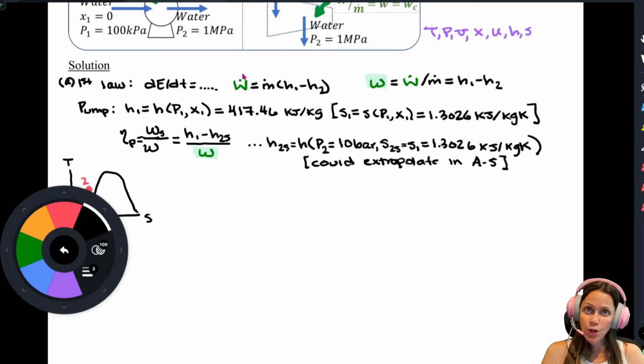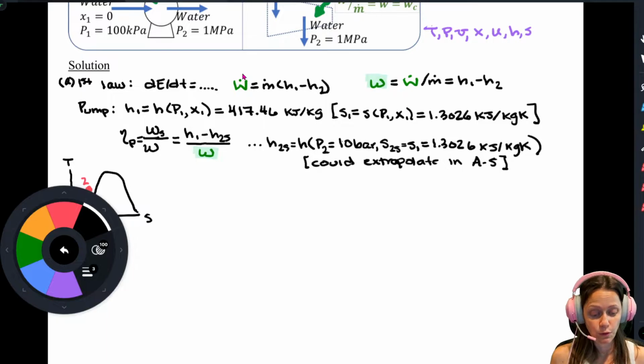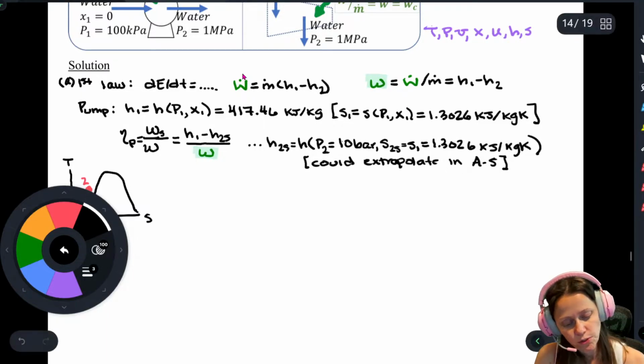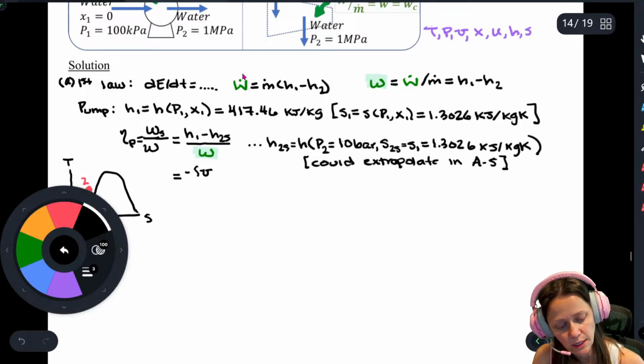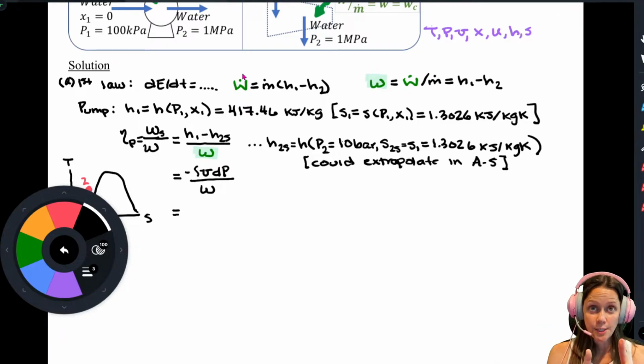But I could also use that equation for reversible steady flow work for a pump. So remember, for a pump, we've got this expression, the integral VdP, and this is really for any steady flow reversible work, but it's really convenient for a pump because that specific volume is constant. We assume that's constant.